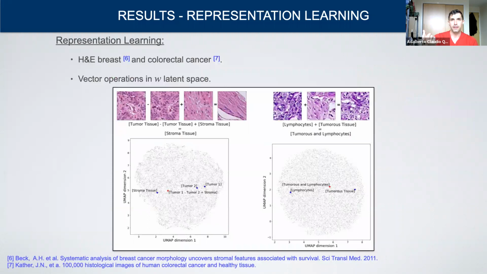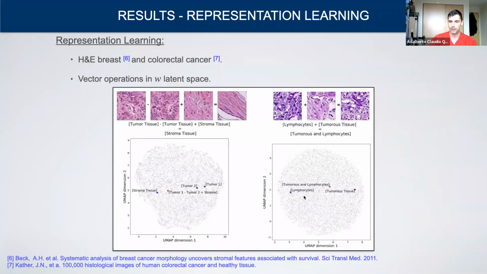Now, the other thing that we show is that you can do very simple linear vector operations that translate into features in the image. So just to give you 2 examples here, again, for the two different kinds of cancer tissue. On the right, you see a simple addition of features for lymphocytes and tumor tissue.